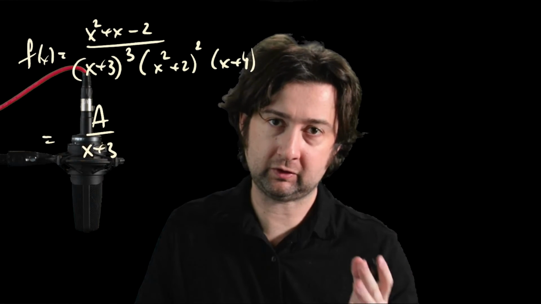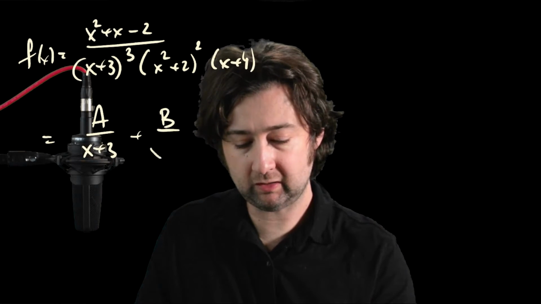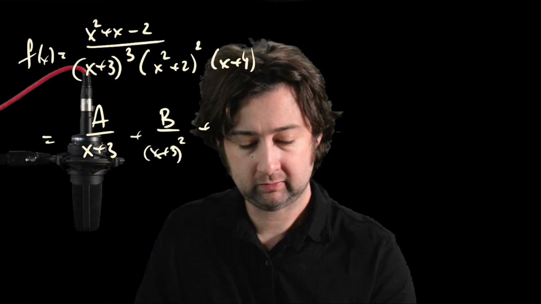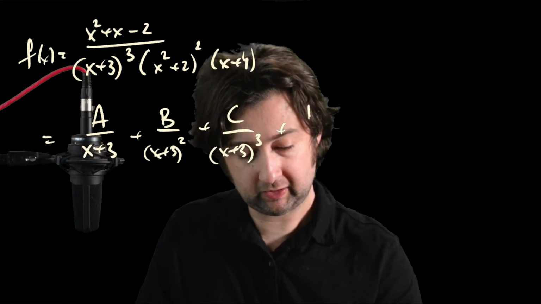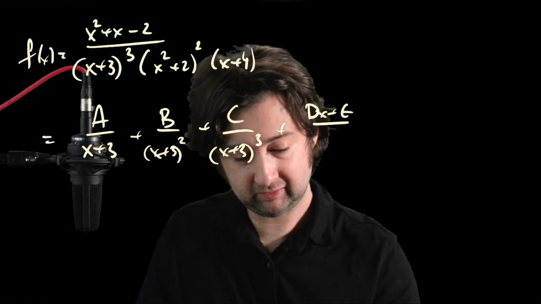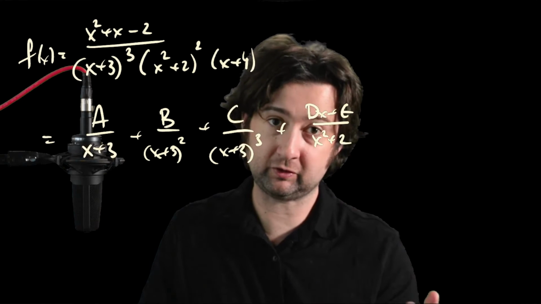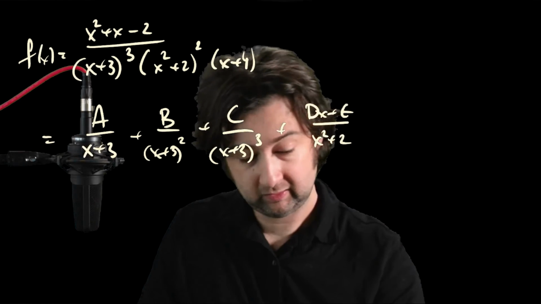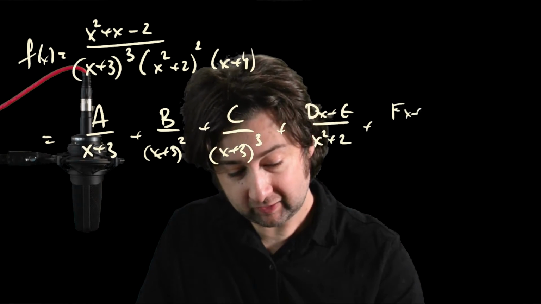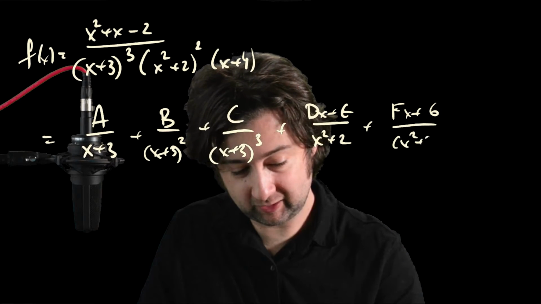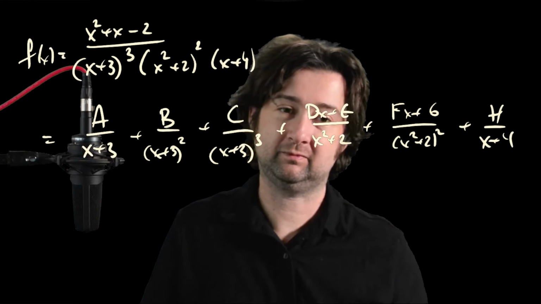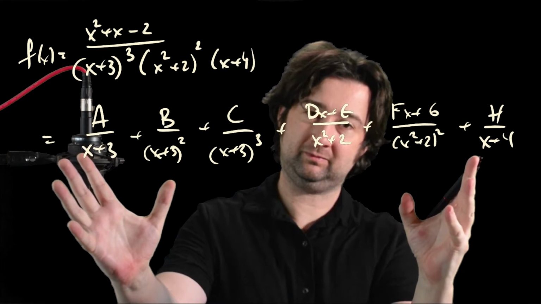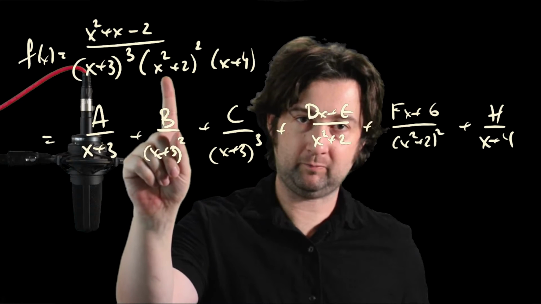A over x plus 3, because that's for the first linear term, plus b over x plus 3 squared plus c over x plus 3 to the third plus dx plus e over x squared plus 2. That's the first copy of the irreducible quadratic. Plus fx plus g over x squared plus 2 squared plus h over x plus 4. So this monstrosity is what this decomposes into.